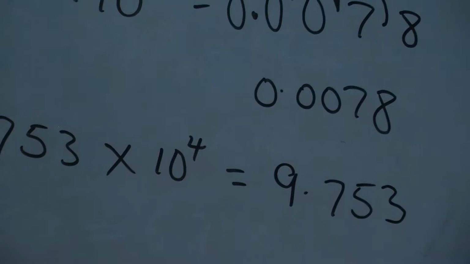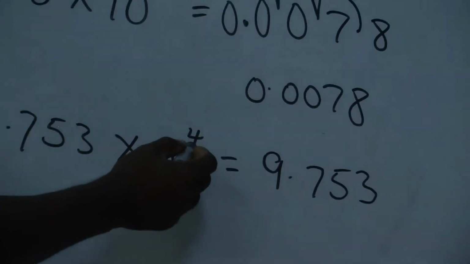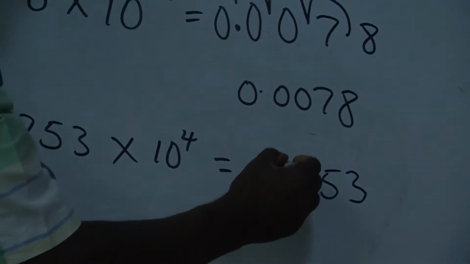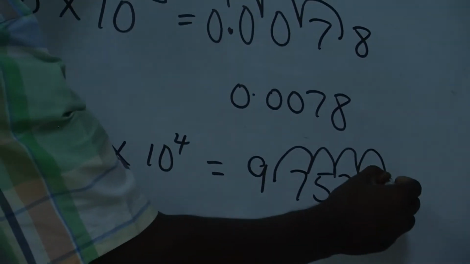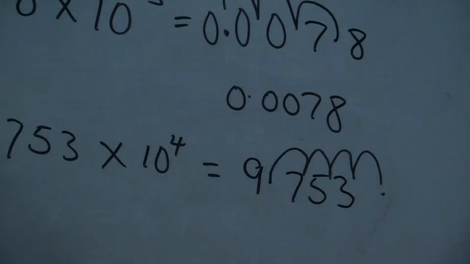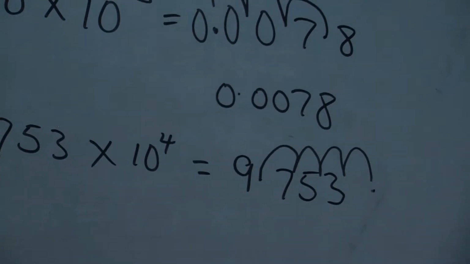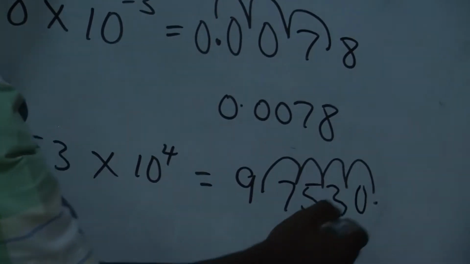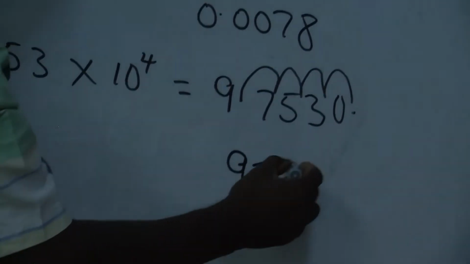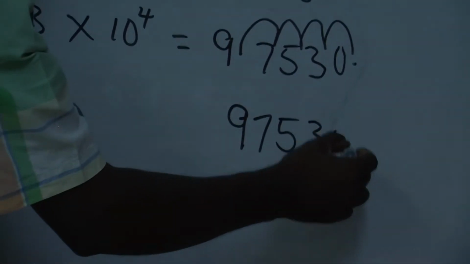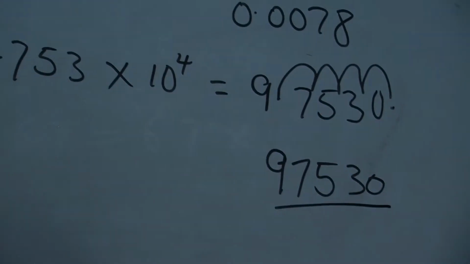Then let's allow our decimal now to move, and it's going to be moving 4 places. It's going to be 1, 2, 3, and 4. It's going to be here. So we just need to add one more 0 to give us 97530. That's the number there.